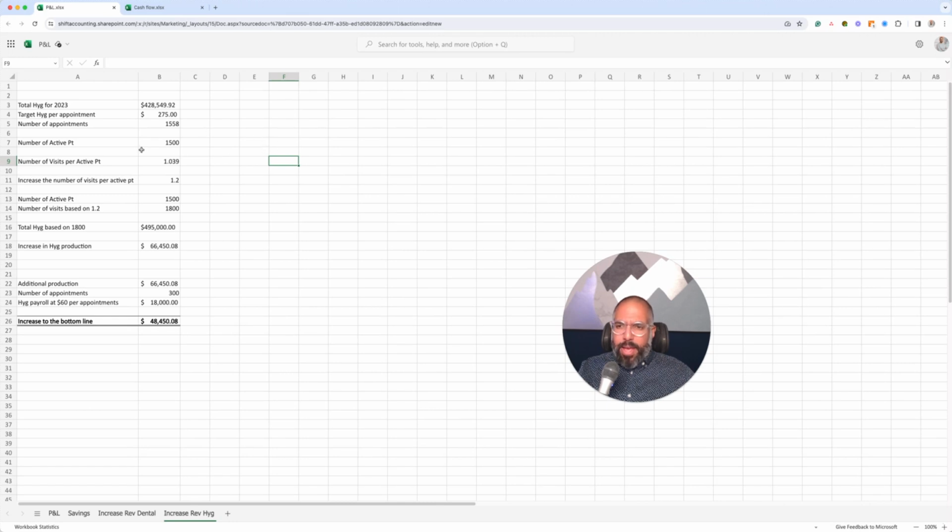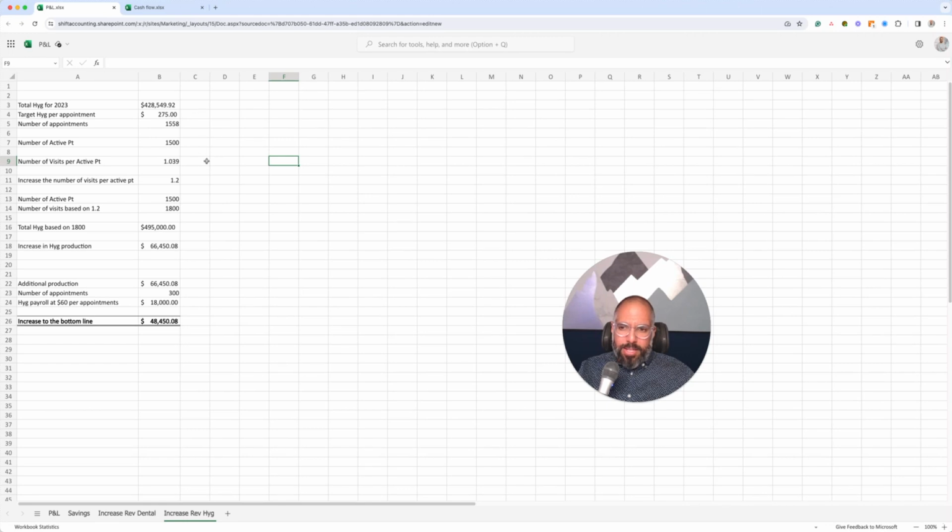One more assumption I'm making for this hypothetical scenario is that the number of active patients for this clinic is 1,500. I want to know the number of visits per active patient. If we have 1,500 patients on our charts, how many times did one average patient come to the clinic?